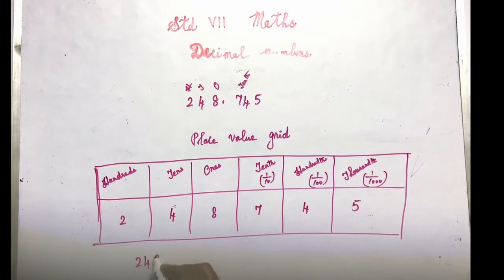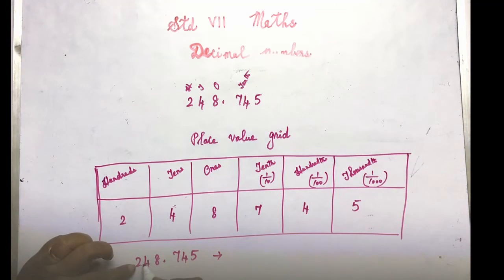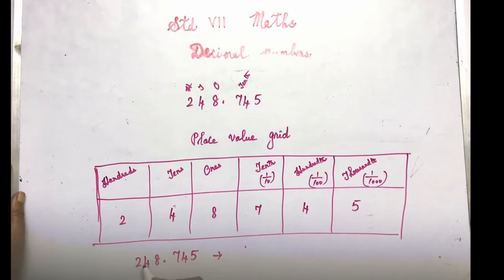Now 248. Now how do we read this decimal number? The whole number, the integral part, we read as it is. So 248 point, and after the point we should not say seven hundred forty-five, we have to read it digit by digit as 7, 4, 5.